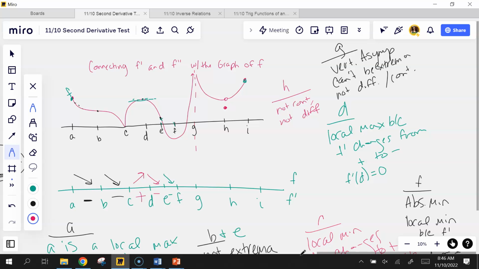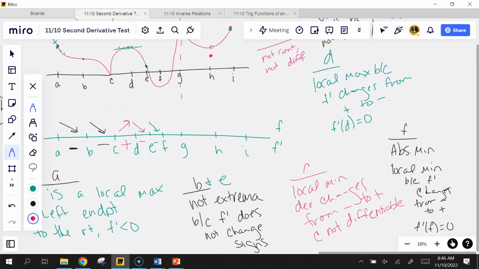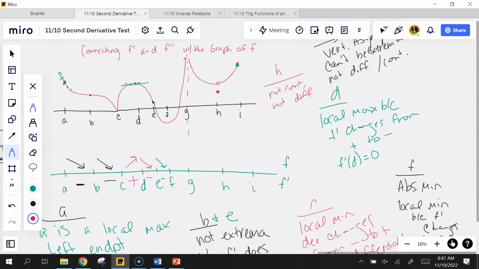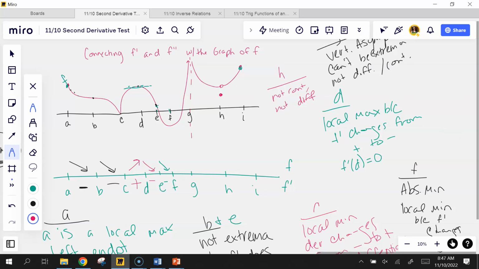So remember, to be a relative max or min, it's got to be differentiable, but the continuity is not going to allow me to call it.